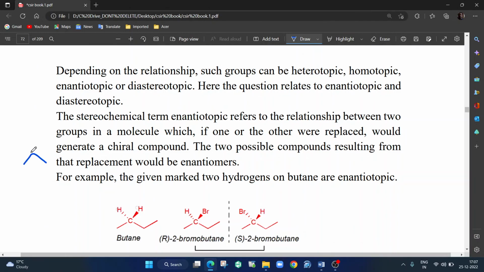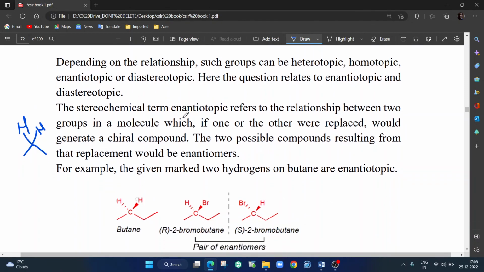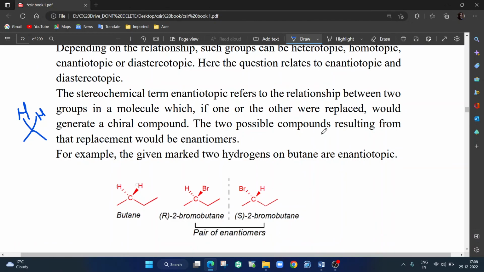If two hydrogens are here, we think that both hydrogens will come as one peak, but many times they are not. They will come as different peaks. To understand this, we use the terms homotopic, enantiotopic, and diastereotopic. Here we'll be doing only diastereotopic and enantiotopic because that's what is concerned here. Homotopic is basically the same molecules or same hydrogens.